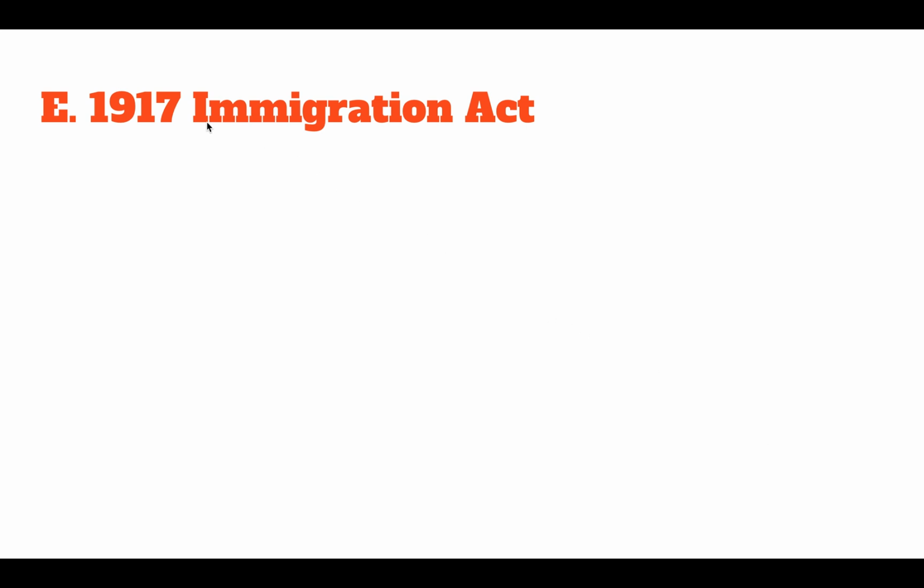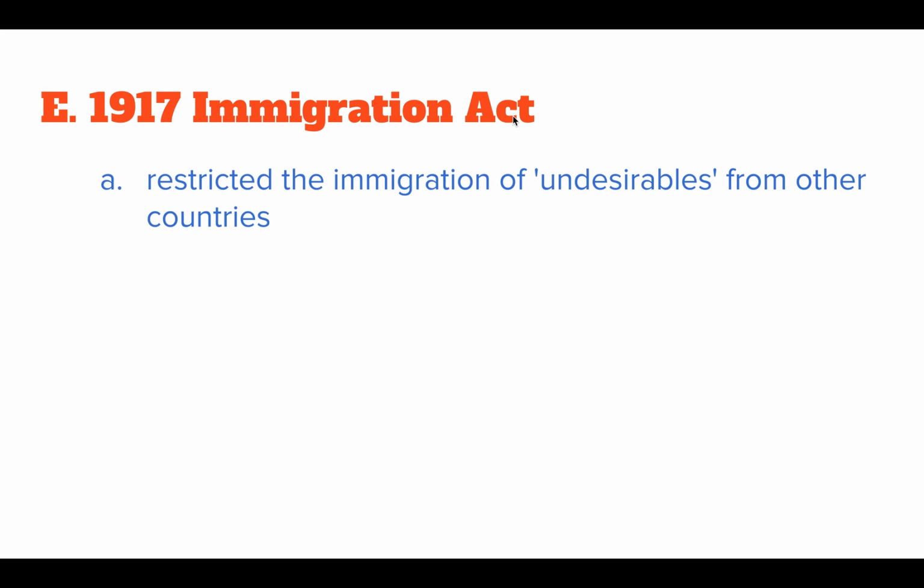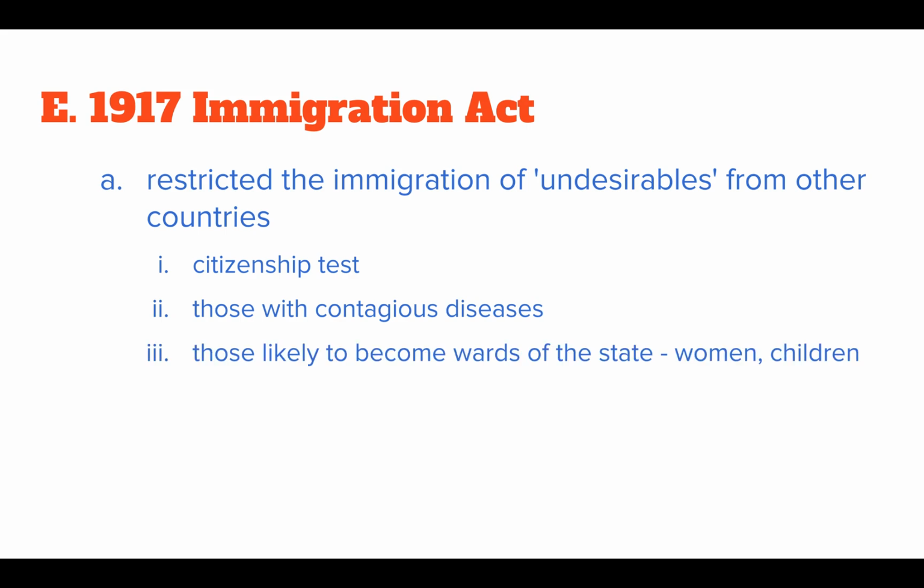Uppercase E, the 1917 Immigration Act. This restricted the immigration of undesirables from other countries. It had a citizenship test. Those with contagious diseases were not allowed into the country. Those likely to become wards of the state, like women and children, in other words, they'd have to be supported by the government.